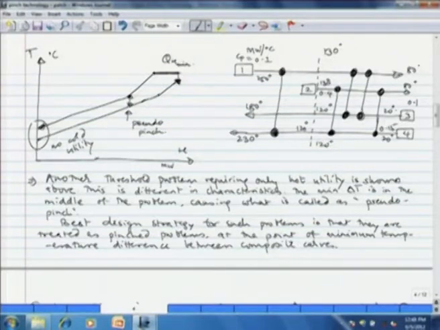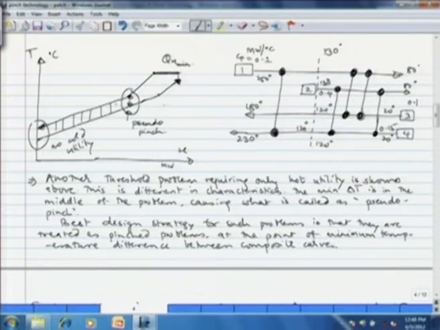And then we shall see that the best design strategy for such problems is that they are treated as pinched problems at the point of minimum temperature difference between the composite curves. The 2 composite curves are as shown, and we shall monitor the temperature difference between these 2 composite curves at different points, at different enthalpy intervals.